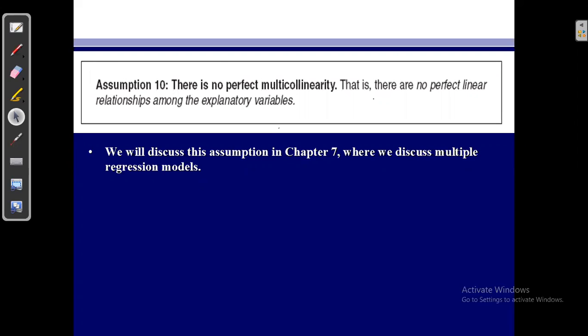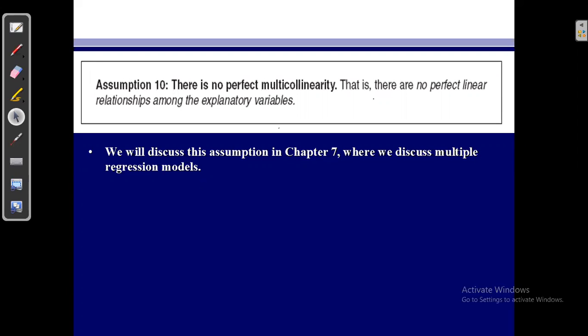For example, I would tell you what is multicollinearity, why it's a problem, what is the effect of this problem on your econometric model, how can you know that there is multicollinearity in your model, and lastly, how can you correct your model for the bad effects of multicollinearity. So you have to wait for maybe 1 or 2 lectures before we go into the detail of this. Right now, I'm not going into the detail of this problem called multicollinearity.